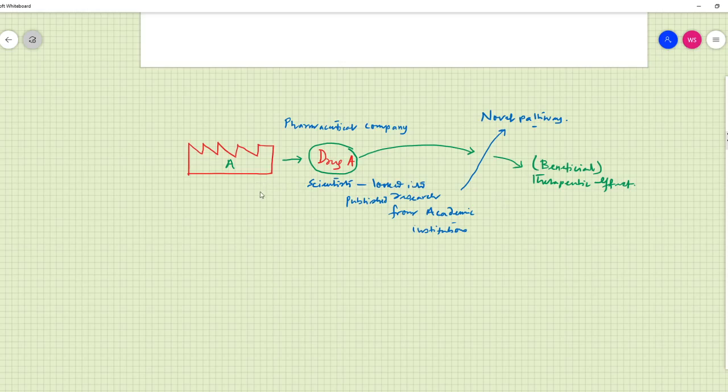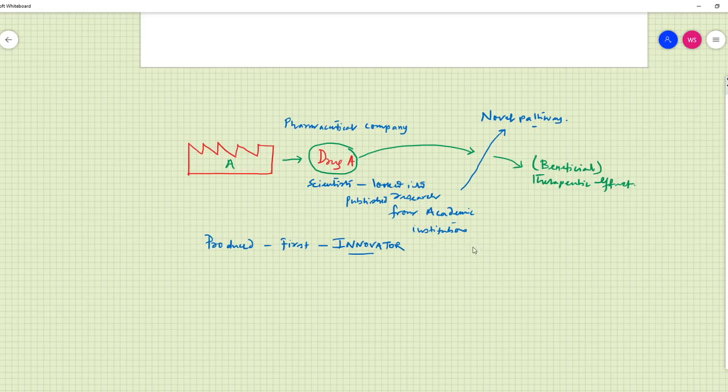All right, so this company, because it produced the drug first, this is called an innovator company. Okay, so they produce a drug A. And what is the input to them?